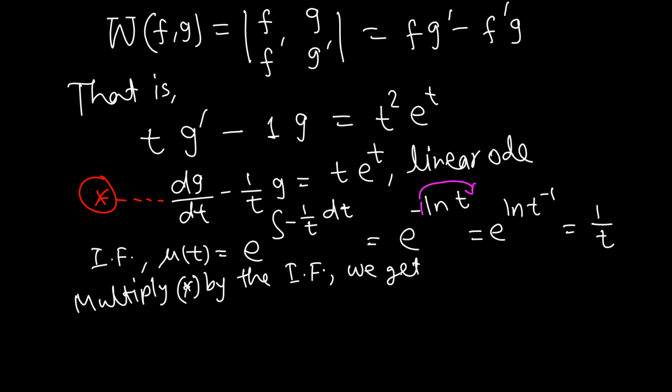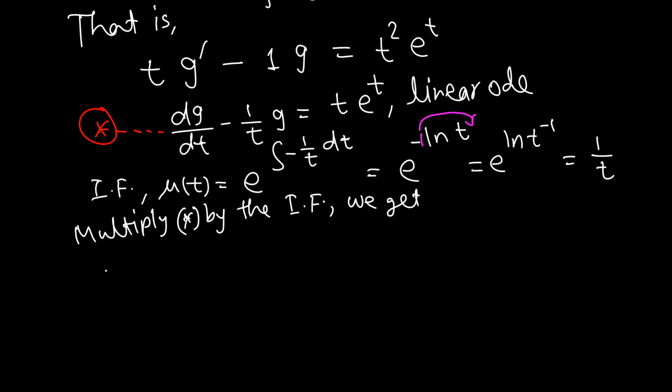We get the left hand side will automatically be the derivative of the dependent variable, which is g(t), I mean, this is given in terms of a function of t, g times the integrating factor 1 over t, that's the left hand side, is equal to, let's multiply the right hand side here by 1 over t. 1 over t and t cancel, just leaves e raised to t.